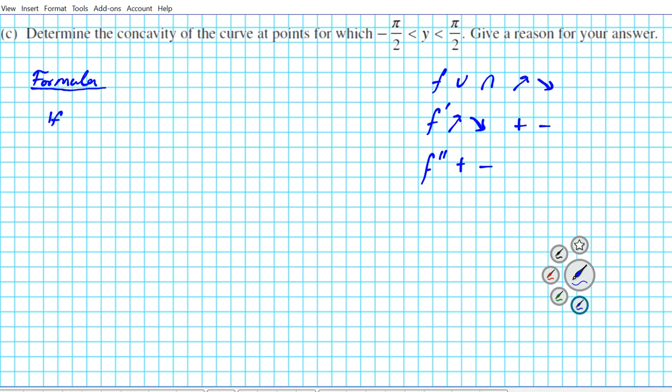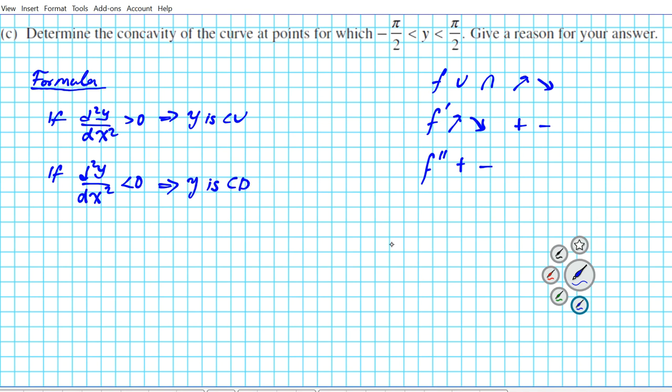If the second derivative, d square y dx square, is greater than 0 or positive, then that means that y is concave up. Okay? And then if the second derivative, d square y dx square, is negative, then the graph is concave down.